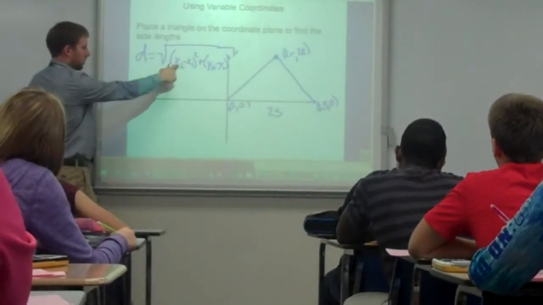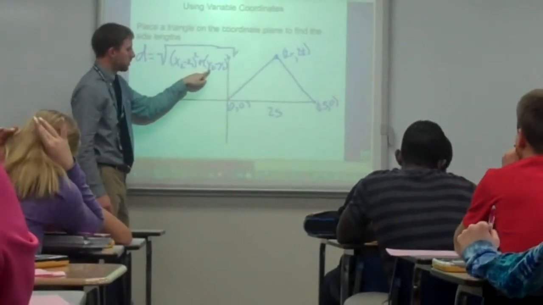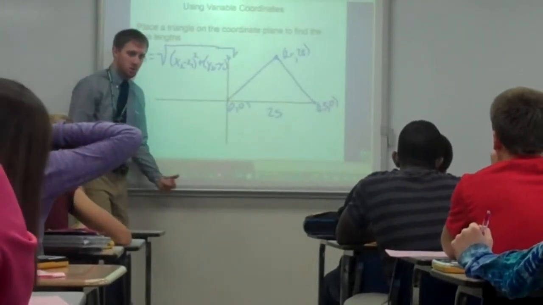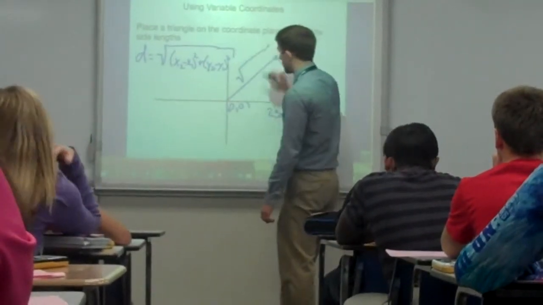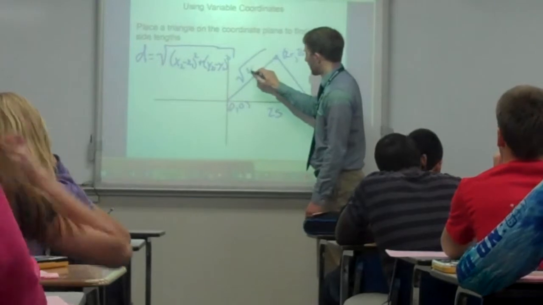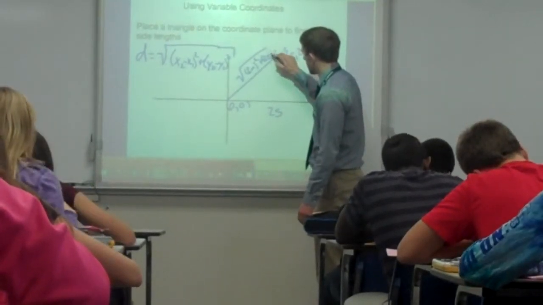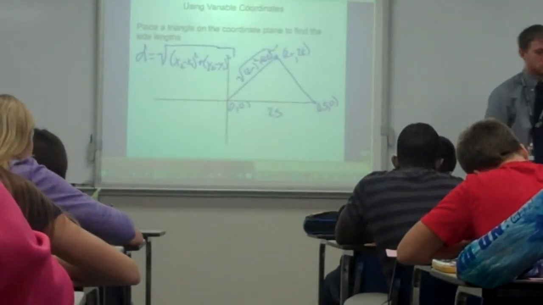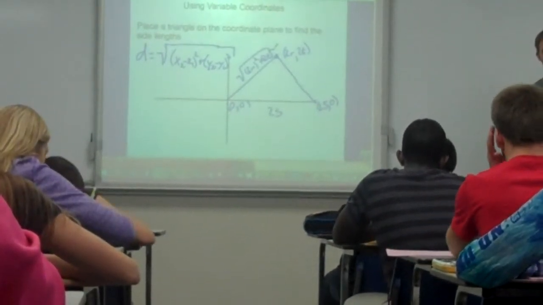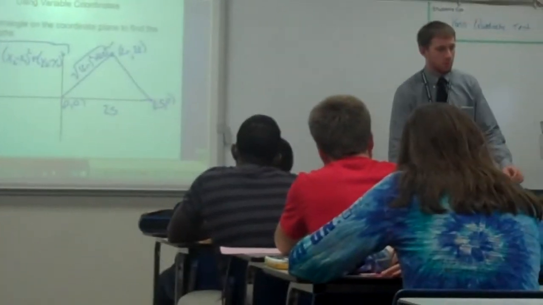It's going to be 2R minus 0 squared plus 2T minus 0 squared, the square root of that. So the square root of 2R squared plus 2T squared. Okay, that's easy.